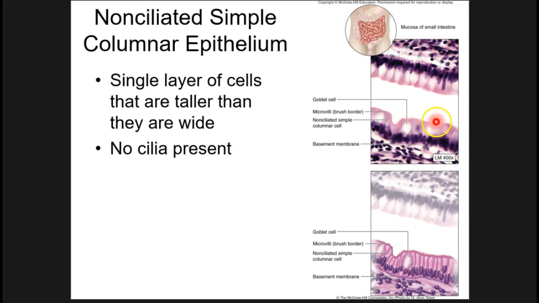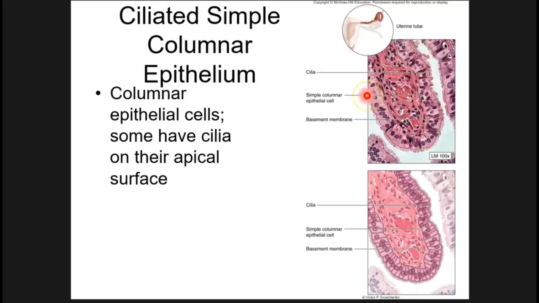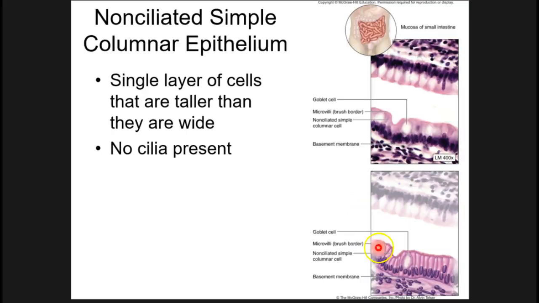Now here's a little bit of something that's a challenge. Remember that microvilli and cilia can look a little similar? So this is non-ciliated. We're about to look at a ciliated simple columnar epithelium. For a novice histologist, and even for an experienced histologist, I'm not going to lie, it can be hard to differentiate a brush border made of microvilli like you see here.